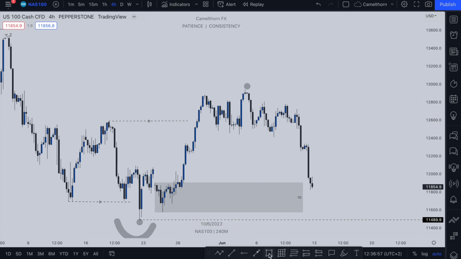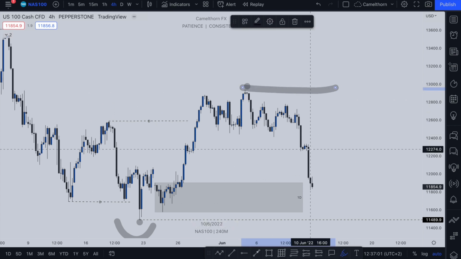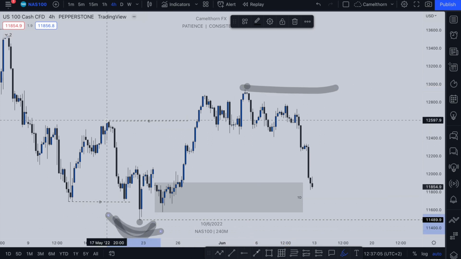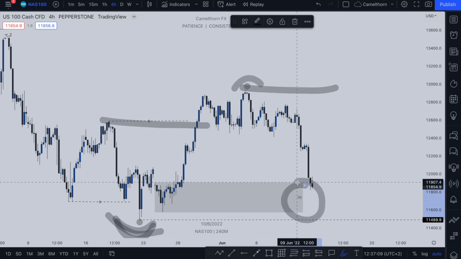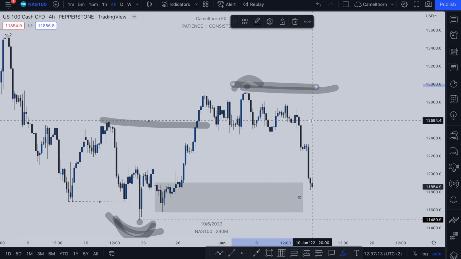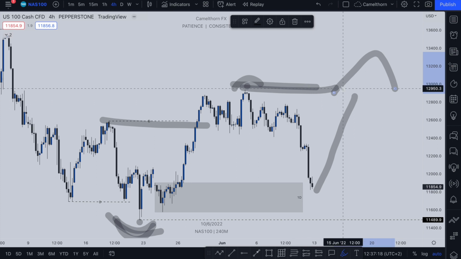Okay, and now what we want to see is, we want to see this particular low go. Why? Because this is now a strong low. It did its job, it broke structure. If price action holds within this demand zone, this particular high will now become a weak high, and then we can anticipate price action to take this particular high.